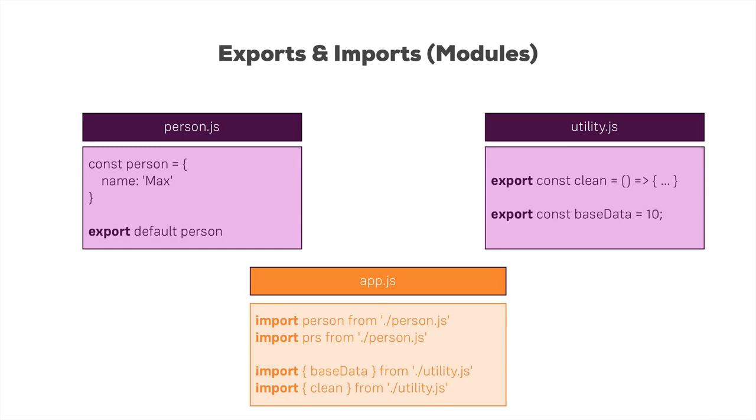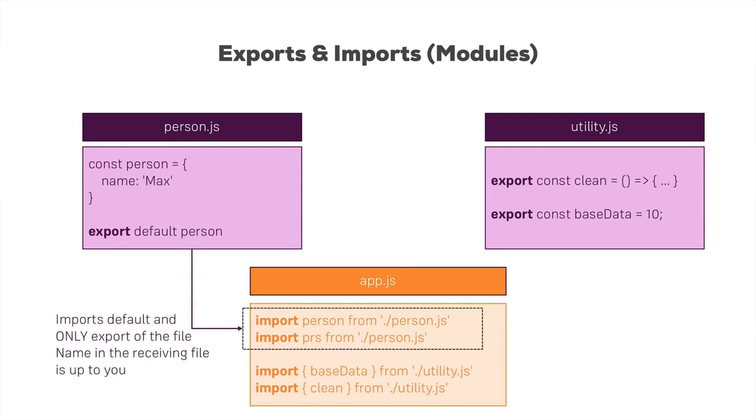So in this case, the person constant. Therefore, in import person from person.js, we can name person whatever we want, which is why I printed it twice here. Person or PRS doesn't matter. It always refers to the thing you marked as the default with the default keyword.